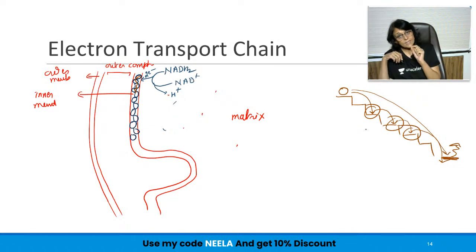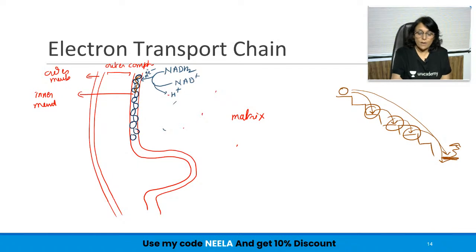If inside a cell energy is released slowly, then that energy can be used. So when this pair of electrons passes through the electron transport chain, it releases energy at 3 steps: first step energy released, second step energy released, and third step energy released.